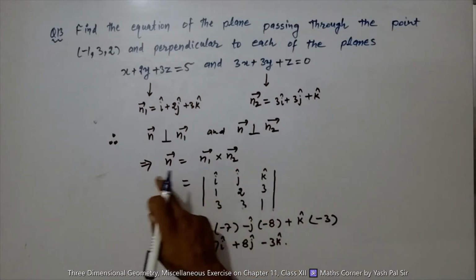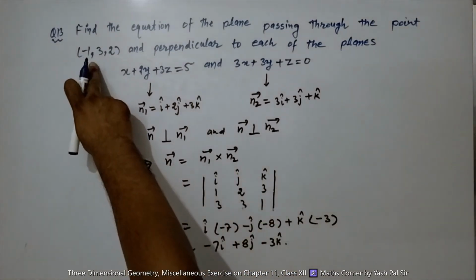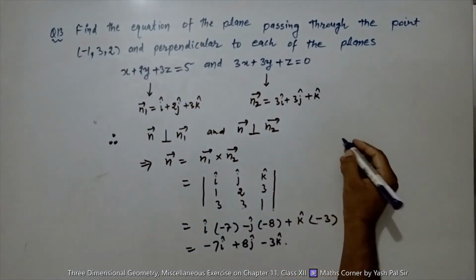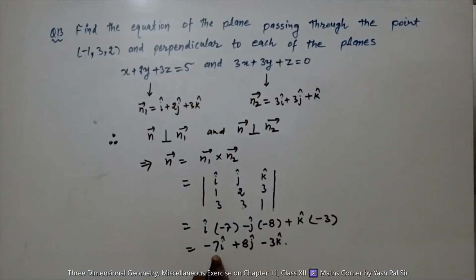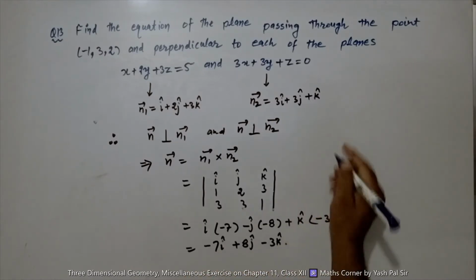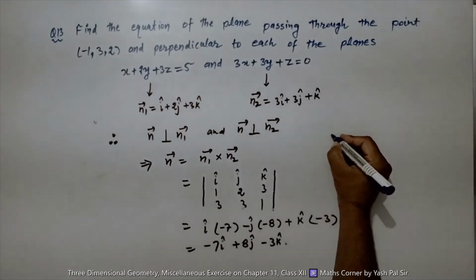Right? Now the equation of the plane which passes through (-1, 3, 2), and normal to the plane has the direction ratios minus 7, 8, minus 3.